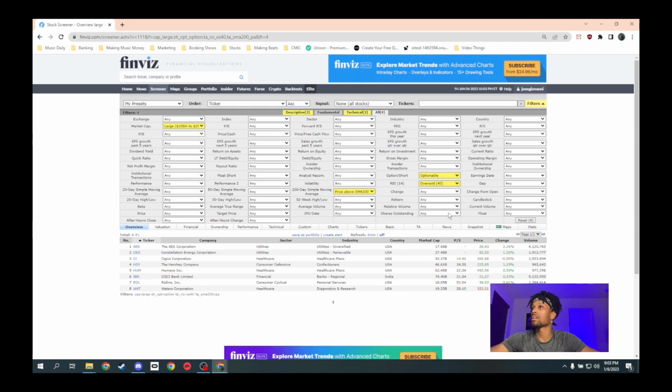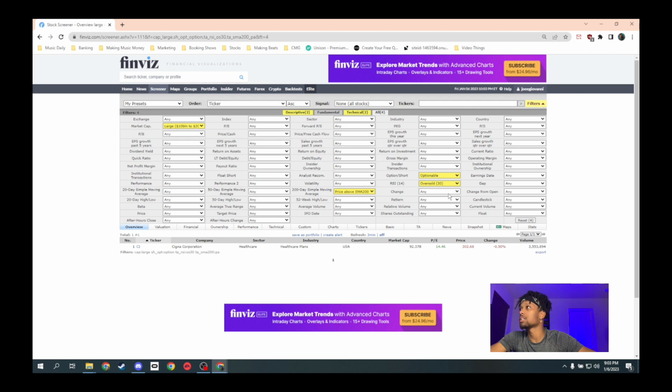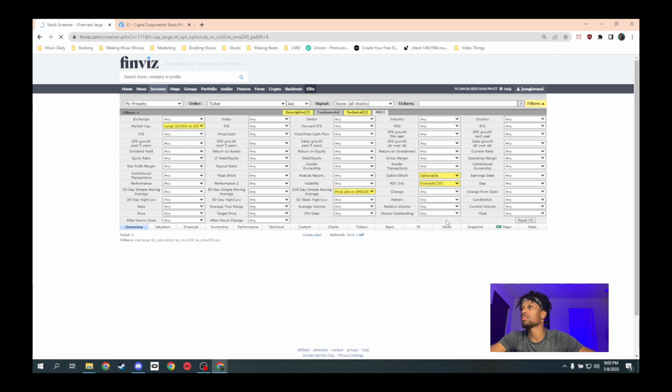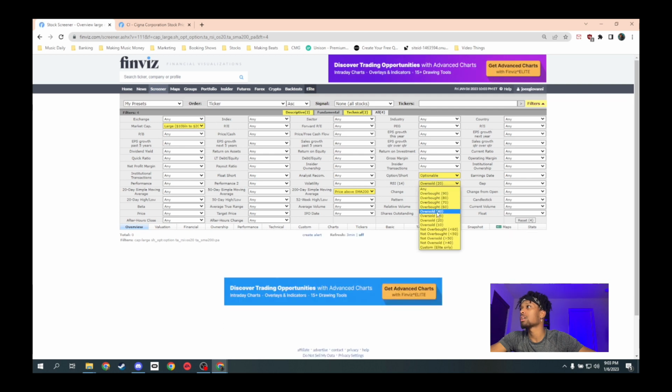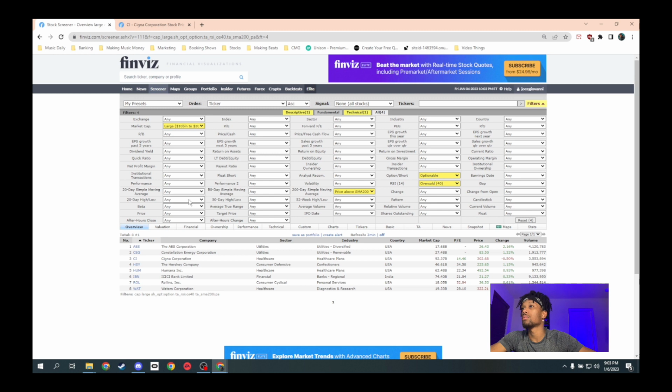Oversold over 40. Don't know any of those guys. All right. We're going to move oversold over 30. CI. I know you. Let's open you up. Then we're going to go oversold over 20. So keep it oversold over 40. Cool. Not many, right? So let's move on.